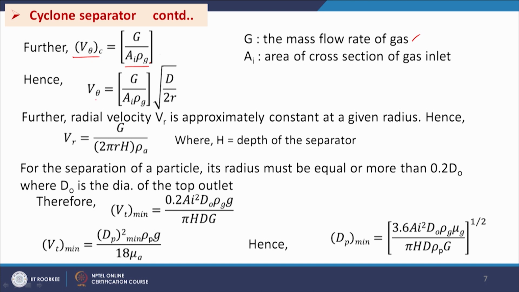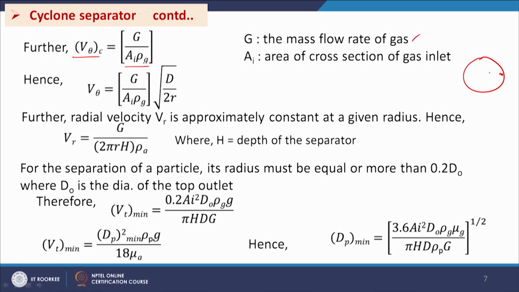If I want to get the tangential velocity at any location, it may be at the circumference or at any position inside, so that correlation we have got: V theta is equal to V theta c root over d by 2r. In that case we will replace this V theta c in terms of G by A I rho g, because V theta is very difficult to measure actually, but these are measurable parameters. So, now you are able to convert this term into a measurable quantity. So, V theta is equal to G by A I rho g into root over d by 2r.